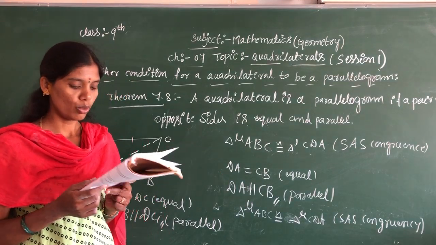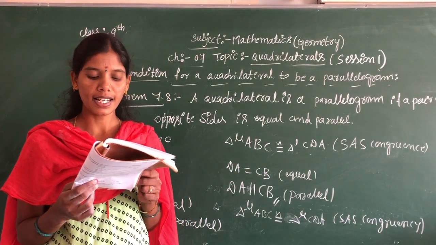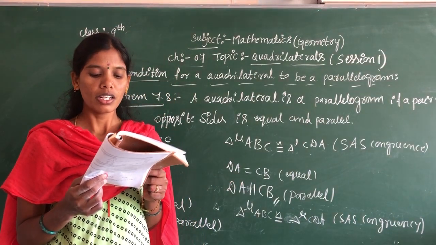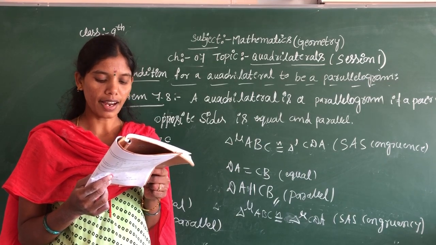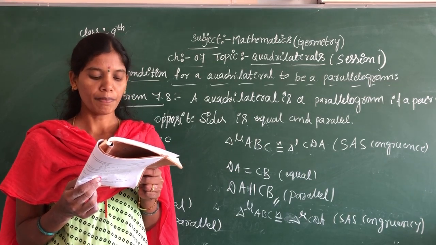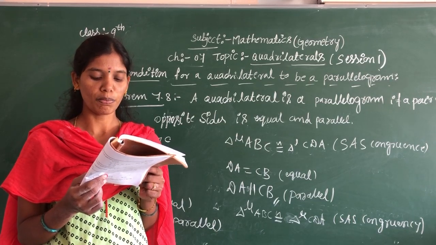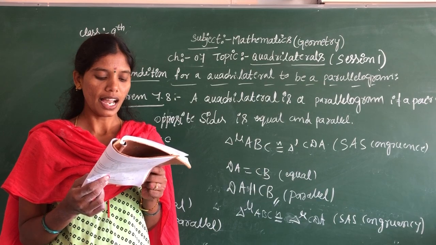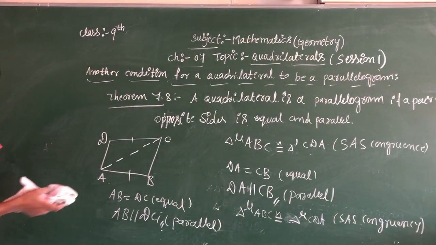Let's move on. In Example 6, ABCD is a parallelogram in which P and Q are midpoints of opposite sides AB and CD. If AQ intersects DP at S and BQ intersects CP at R, show that the following. So it is simple, children. Are you understood this?